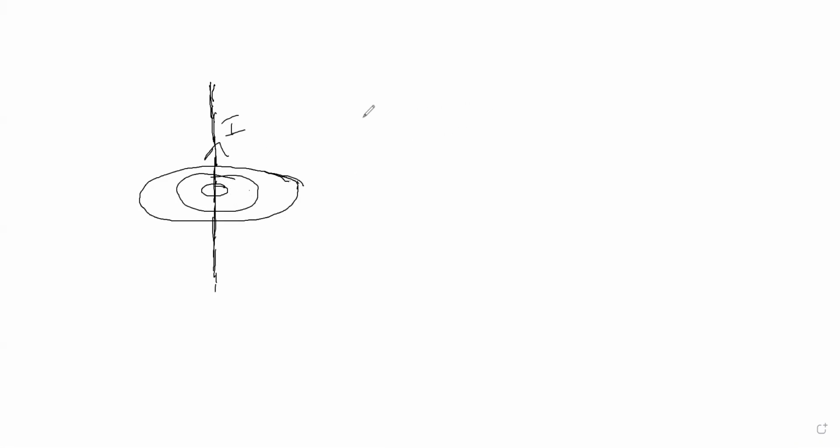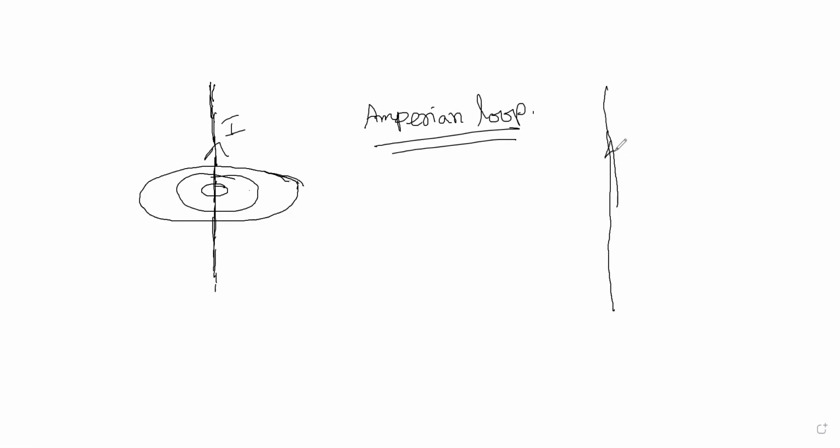We do something called an Amperian loop. Please understand this funda. Amperian loop, easy only. First, it is a straight conductor; later we'll think of a coil. So for the straight conductor, you choose any point P at some distance from the conductor.